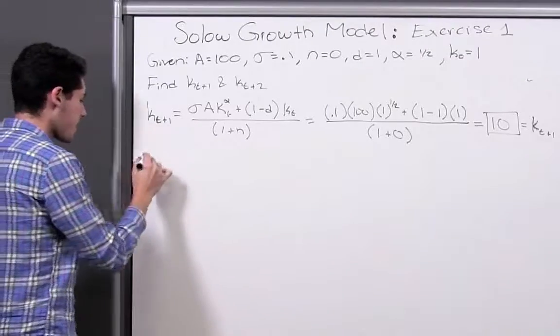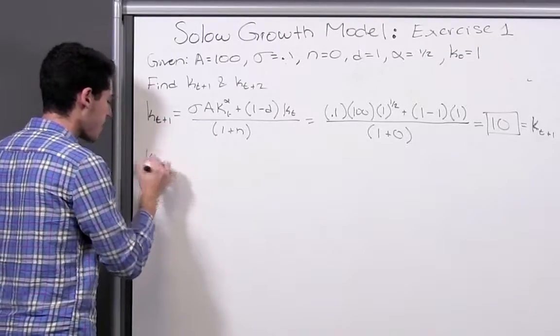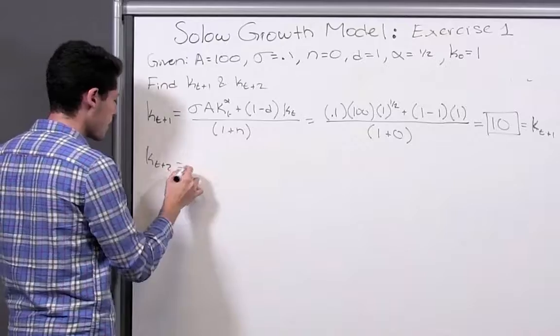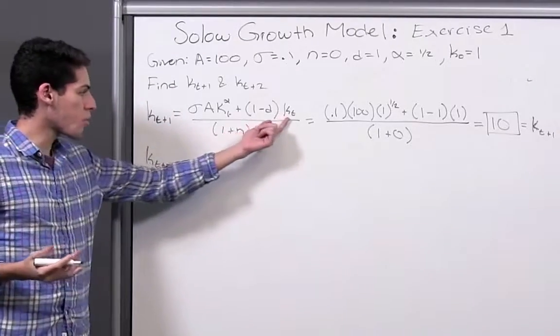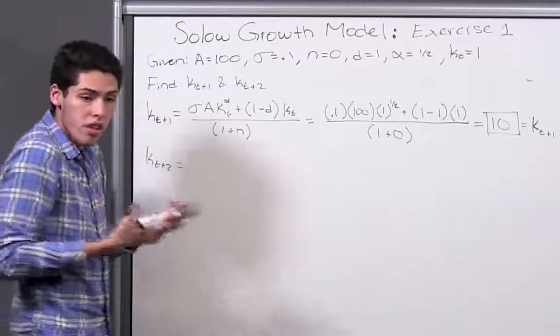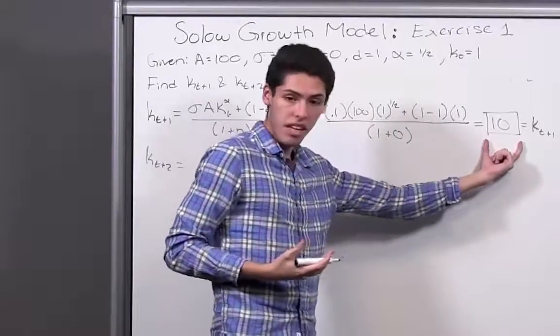But now, what is capital in the second time period, t plus 2? Well, we're literally going to do the exact same thing, except instead of putting 1 in for capital, we put in the new capital, 10.